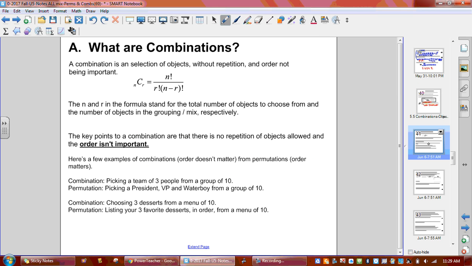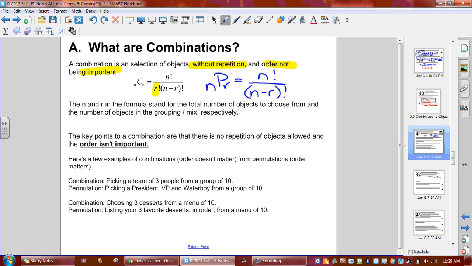So let's take a look here. A combination is a selection of objects without repetition. That's super important. There's no repeating here. So without repetition, and order is not important. Now, the only difference from the permutation equation is we also divide by r factorial. The permutation equation, nPr, is n factorial over (n minus r) factorial.